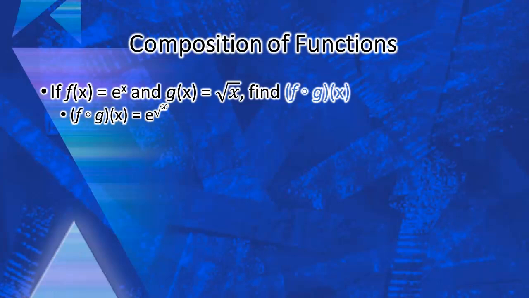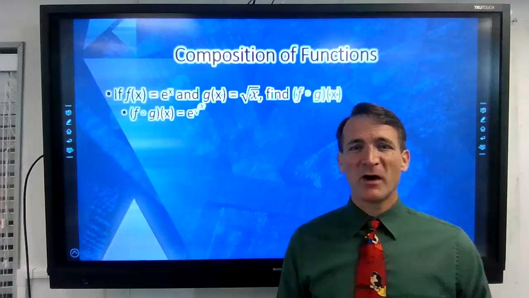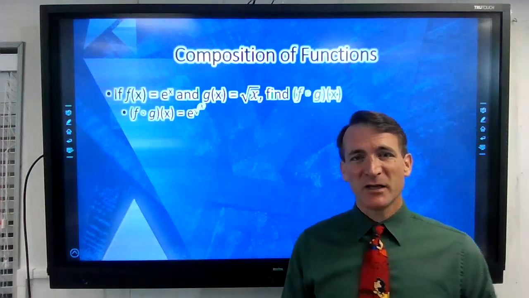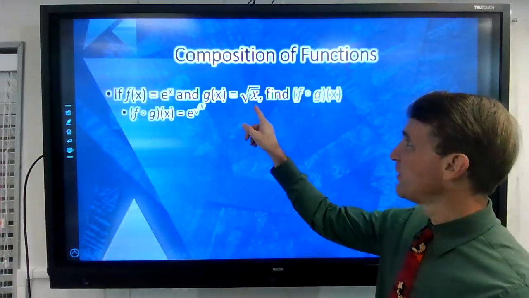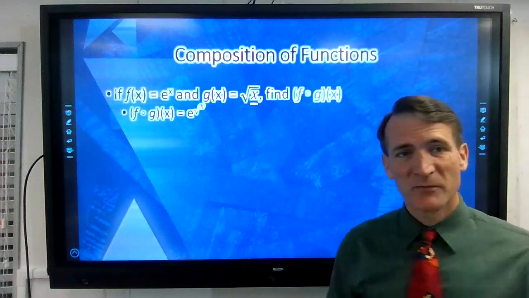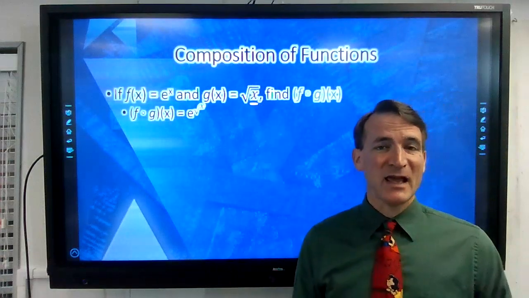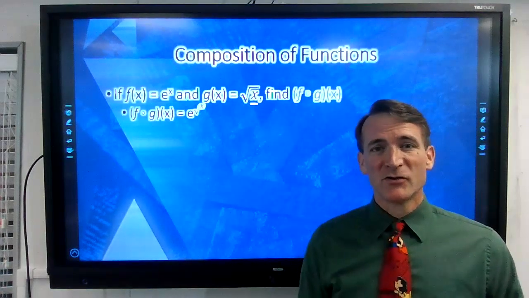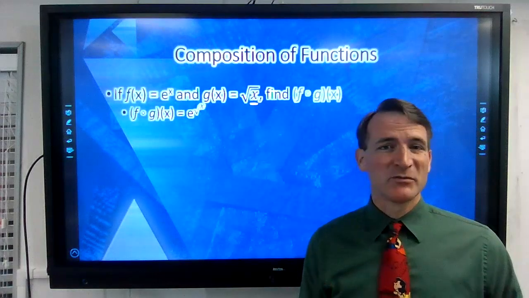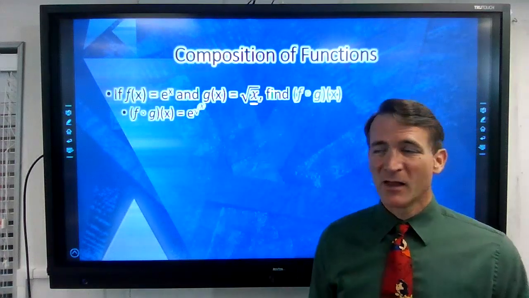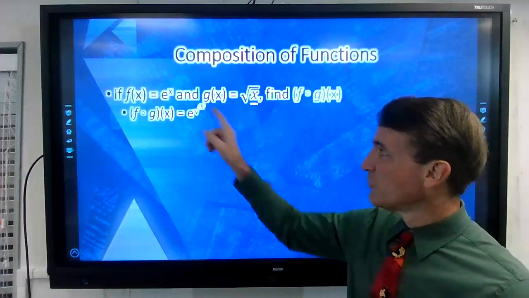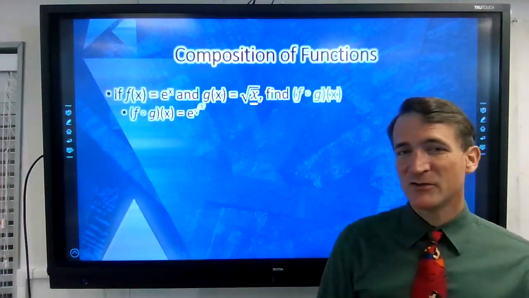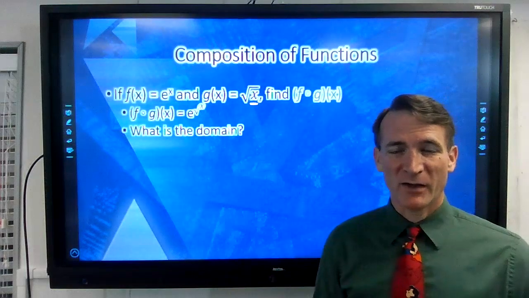Now, what values can I plug in for my x? Am I limited in my values that I can plug in for x in this function here? And the answer to that is yes, I cannot plug in anything that is going to be negative. So my domain is going to be from 0 to infinity. That is also going to be true when I come over here and I have e to the square root of x.